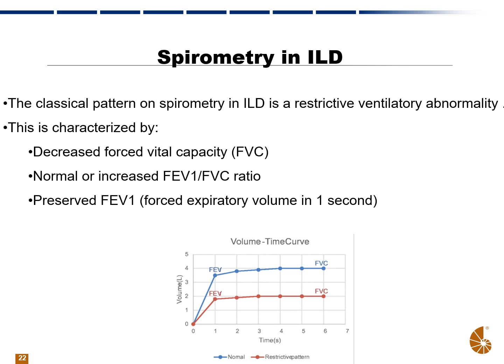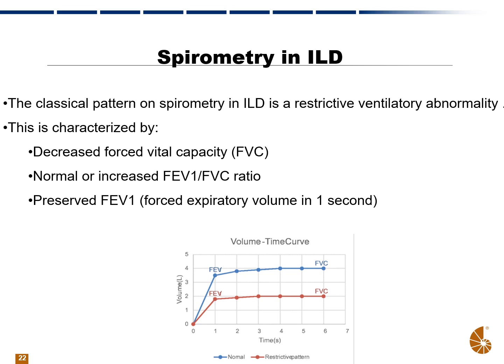Here you can see in the bottom graph, the volume is on the y-axis, the time is on the x-axis, and you can see that in the blue line, which is normal, there's a rapid increase in blowing out of air in the first second, and it stays basically flat after that. So there's no obstructive lung disease.